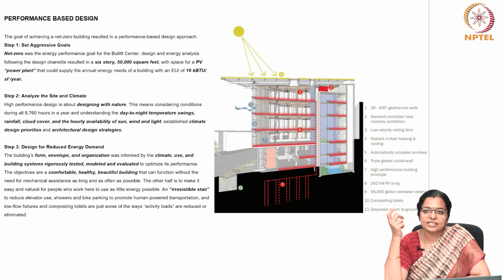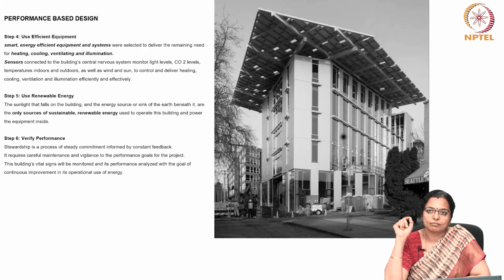Using staircases which are designed to encourage people to walk has a two-way advantage. It makes the people working there healthier and reduces elevator use. Also, this building promotes bike parking by encouraging human powered transportation, and uses low flow fixtures and composting toilets in order to save energy.